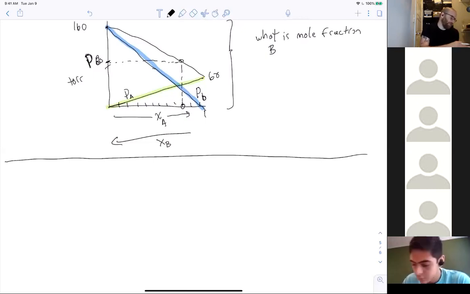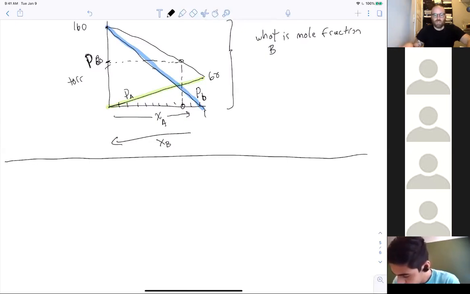Well, it's kind of in line with what we talked about, where you have a non-volatile solute and you're just seeing how that changes the vapor pressure. And so, what do we know? So let me get back to my.